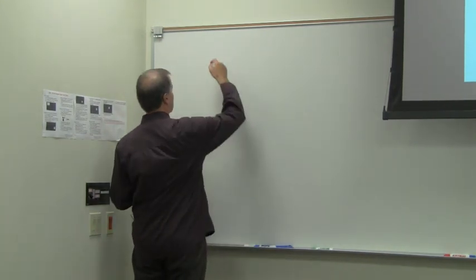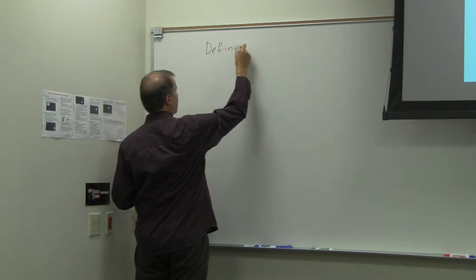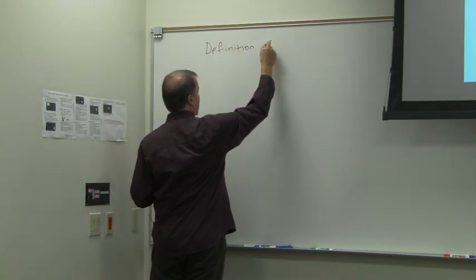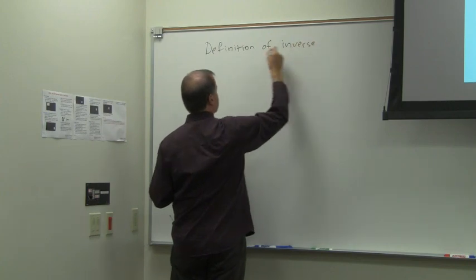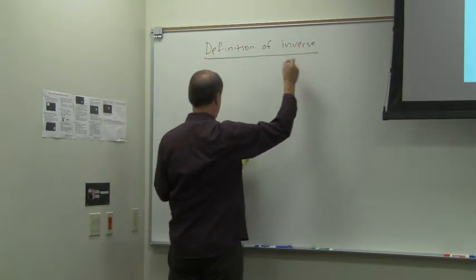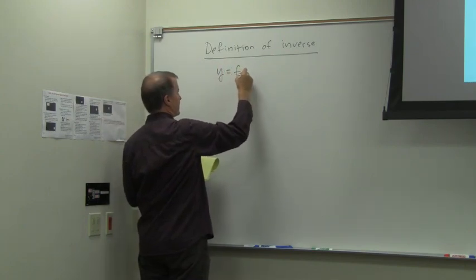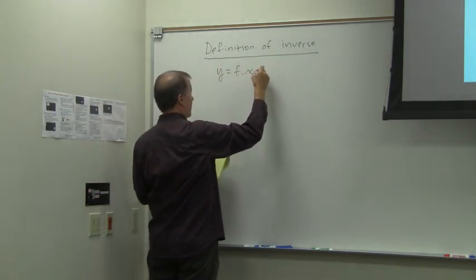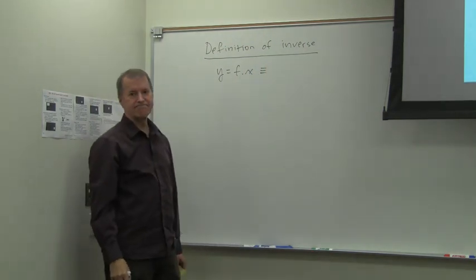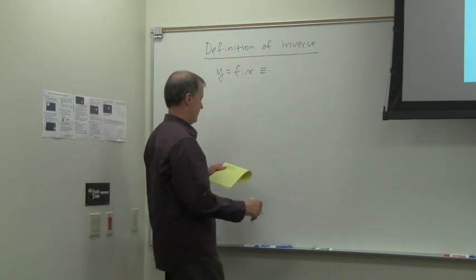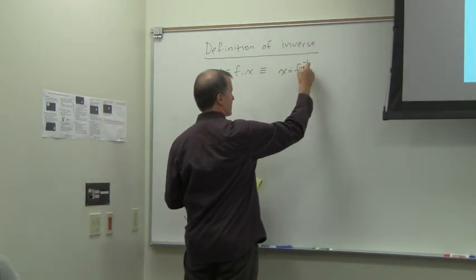So now here's what we have to know for our next proof. This is the definition of inverse. The definition of inverse is this: y equals f dot x is equivalent to x equals f inverse dot y.